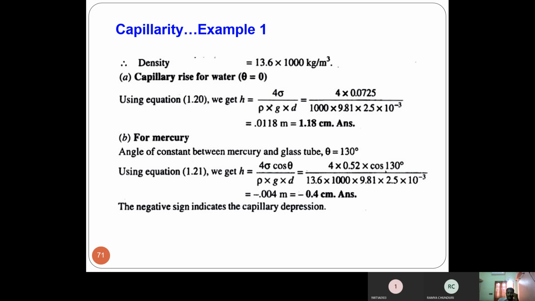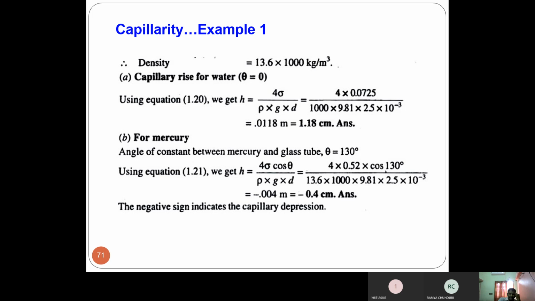This is the meaning. In the general formula, specific gravity of mercury is equal to density of mercury by density of water. Now density of mercury is equal to specific gravity of mercury into density of water.